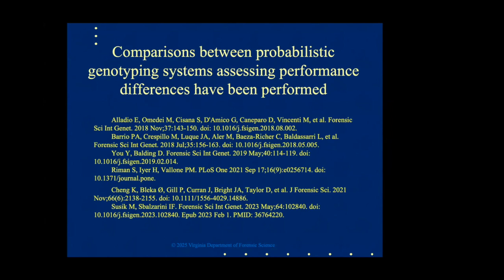This is just a handful of publications that I pulled up from a search, and I just want to point out none of these is with TrueAllele. All of them are STRmix or LTD or EuroForMix and so forth, but not TrueAllele.